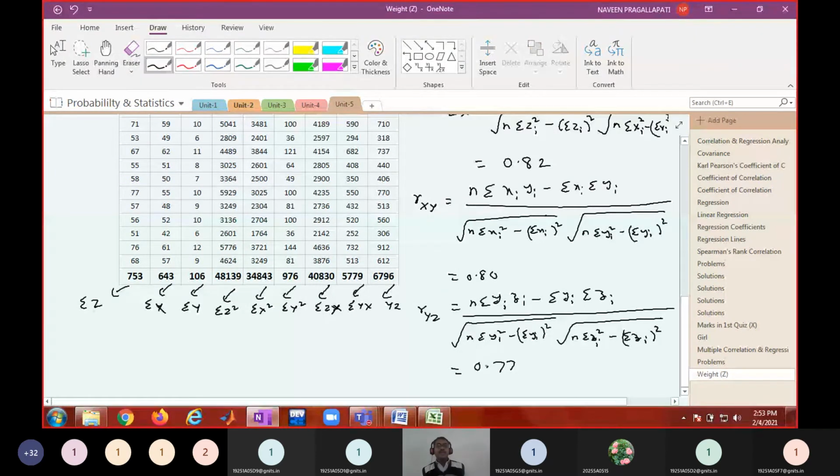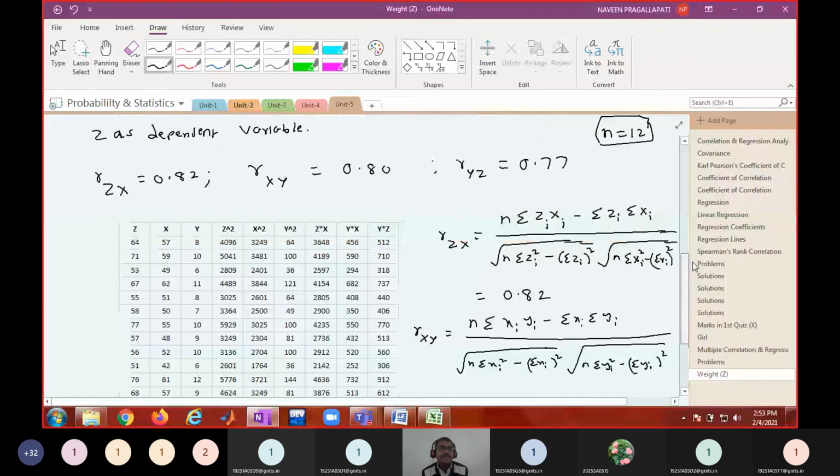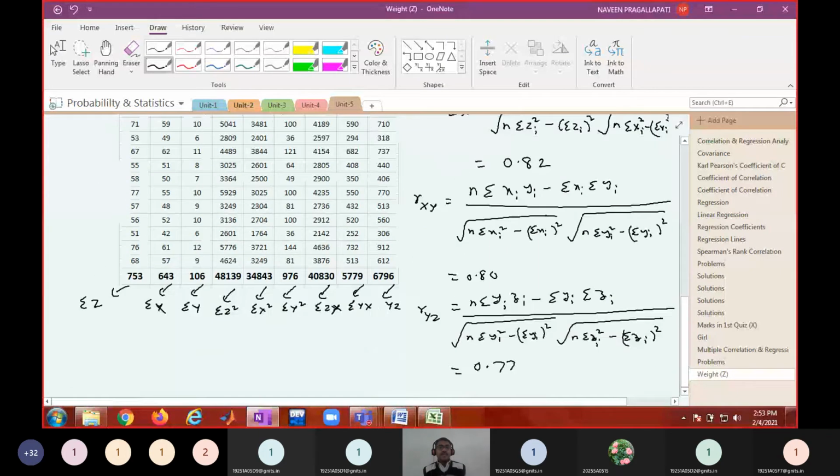Once you get these values, now write down the multiple correlation formula and compute the values. So what is R z dot xy?